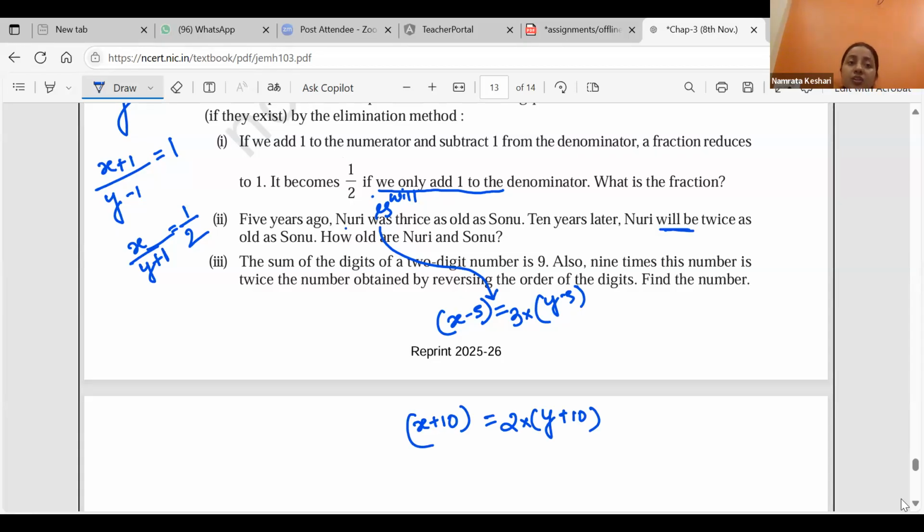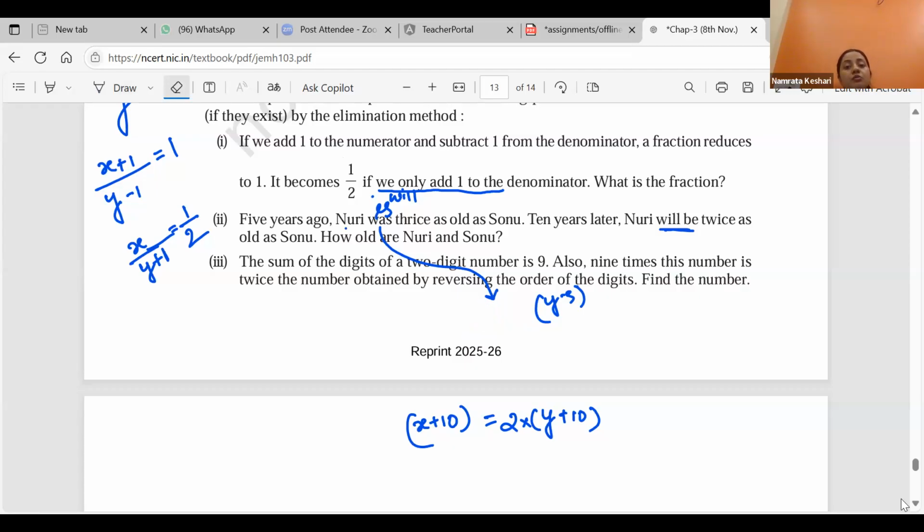In your final board exam, the question always comes from the concept which you have learned in NCERT. Yes, the question can be different, but this concept only we need to use. If you have learned the concept really well, you will find so many people saying that we are not getting questions from NCERT, we are getting questions from here and there.